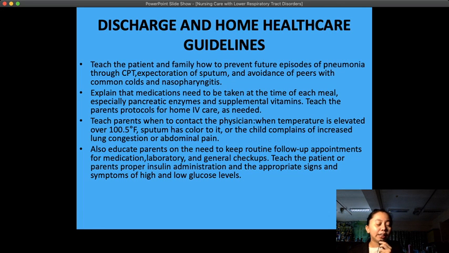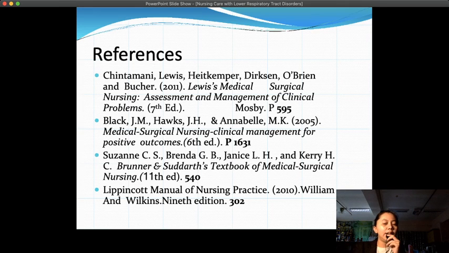And then, the child should be kept away from any children with common colds and nasopharyngitis. Kasi, di ba, meron na nga siyang cystic fibrosis, makakalaro pa niya may sipon, mas lalo siyang magkakasakit. Alright? So, okay. Alright. So, we are done.